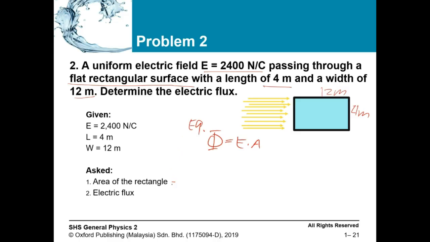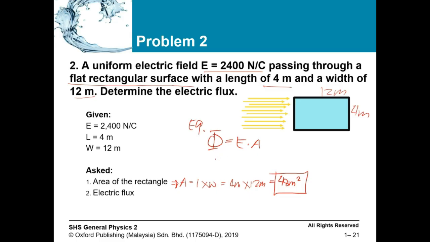So, how do we get the area of the rectangle? A is equal to length times width. Therefore, it's just 4 meters times 12 meters. What is 4 meters times 12 meters? 4 times 12 is equal to 48 meters squared. Since we already have our area, now we can get our electric flux.